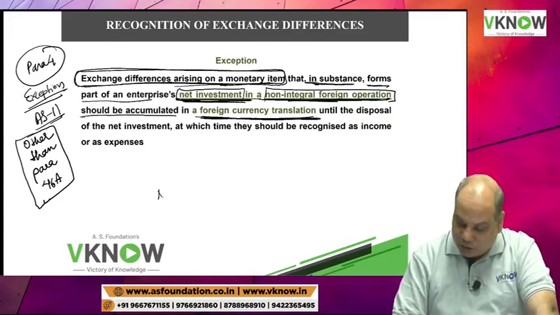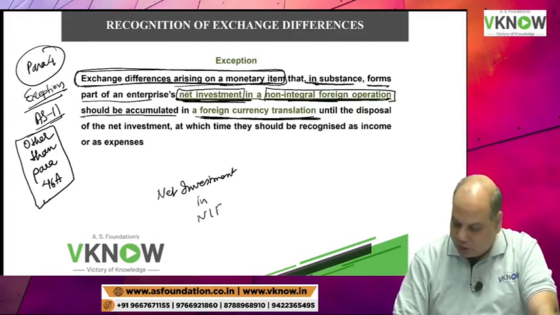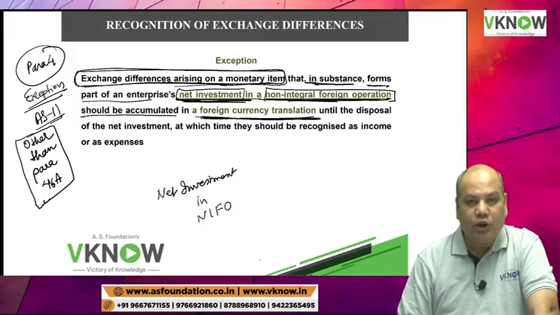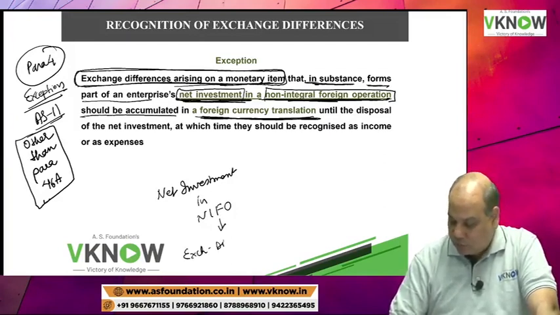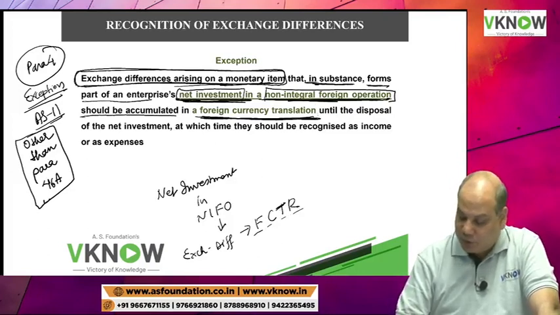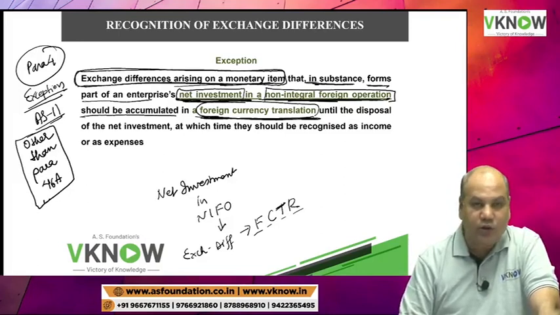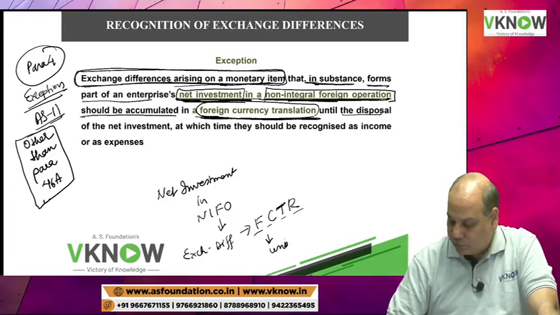If it is related to net investment in NIFO, non-integral foreign operation, then the exchange difference will not be transferred to P&L account, but it will be accumulated in foreign currency translation reserve, FCTR, until the disposal.